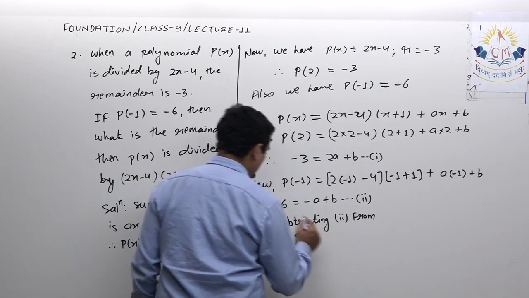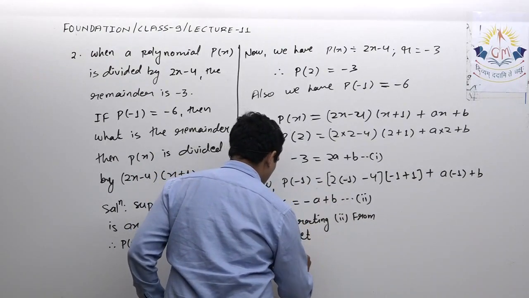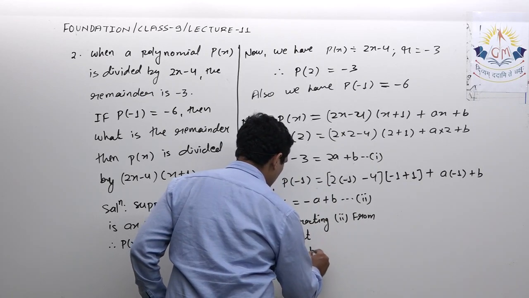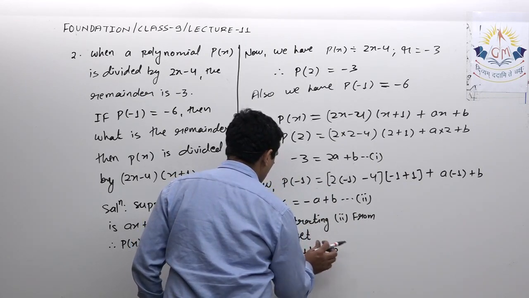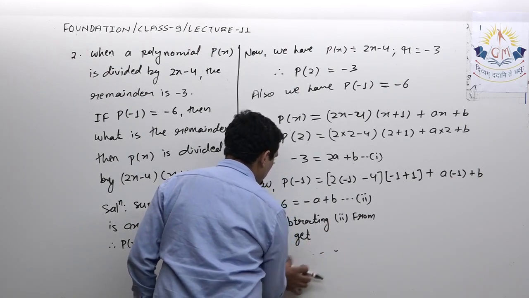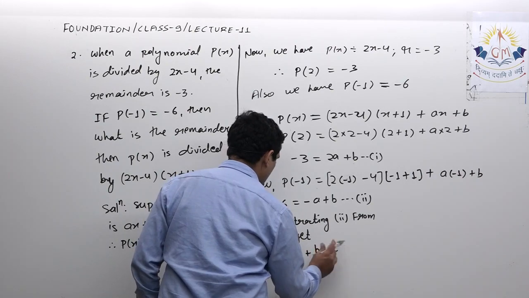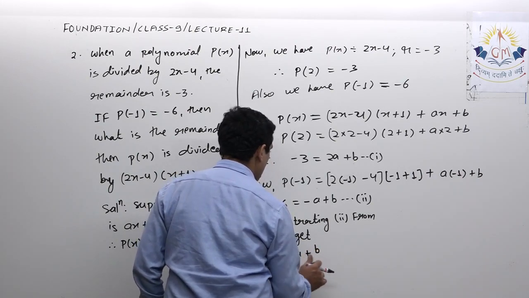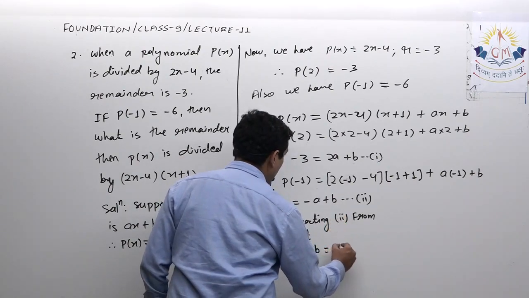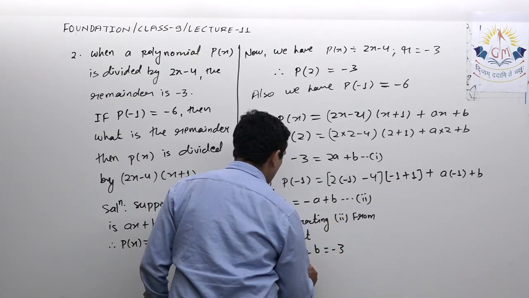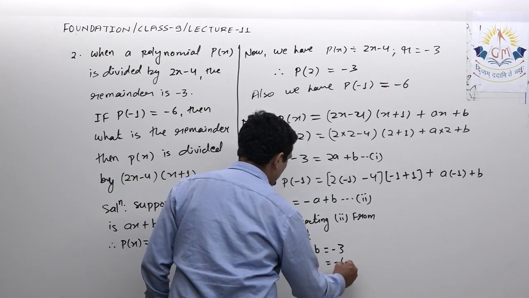Definitely we'll get the value of one variable. The first is 2a plus b equal to minus 3, and the second is minus a plus b equal to minus 6.